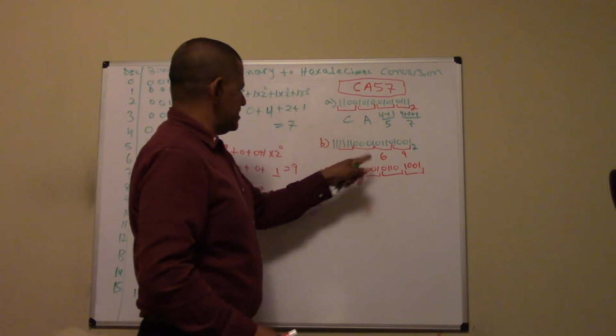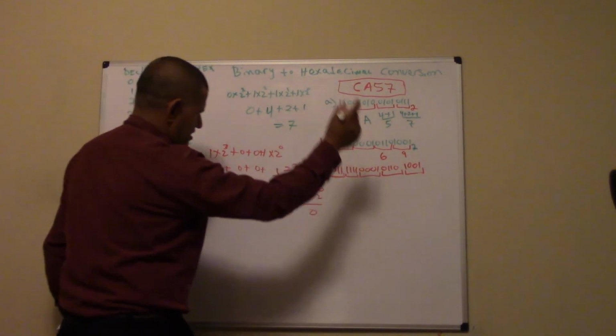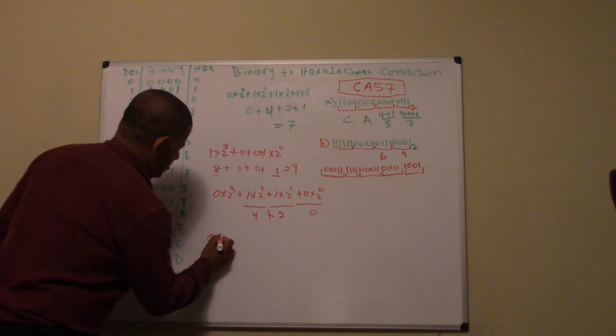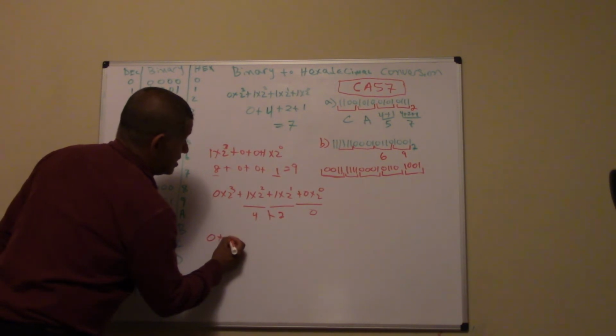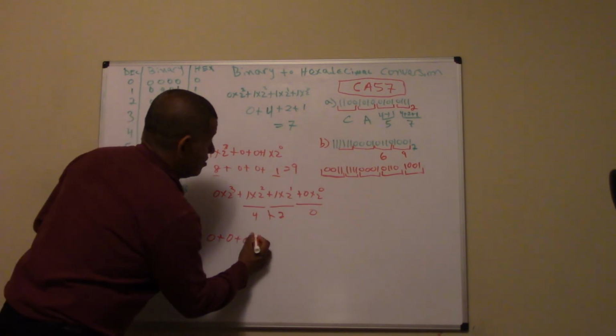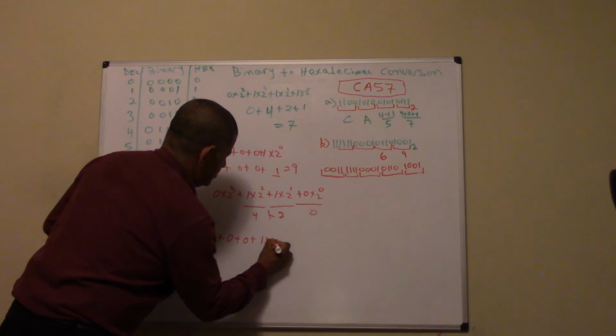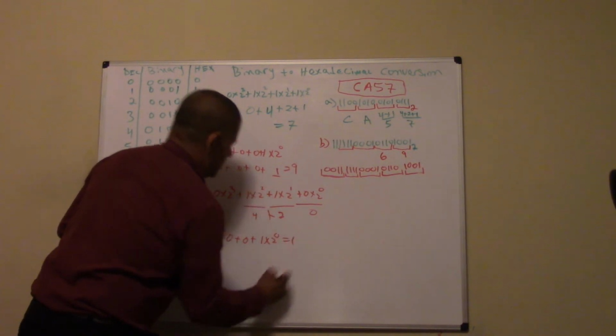Now this is easy. This is just 1, right? Because 0 plus 0 plus 0 plus 1 times 2 to the 0 power is equal to 1.